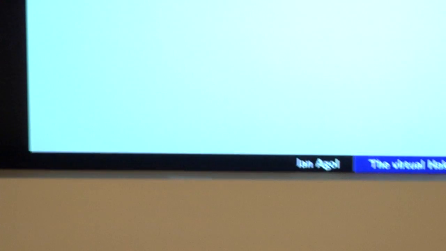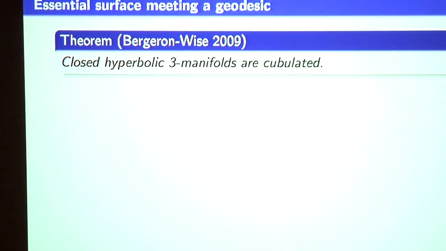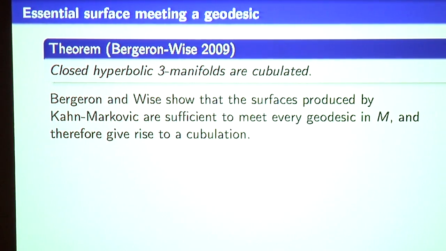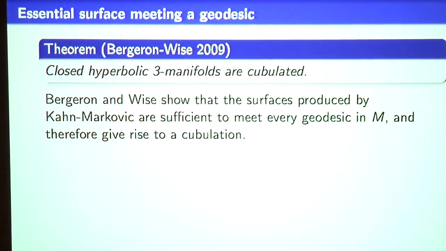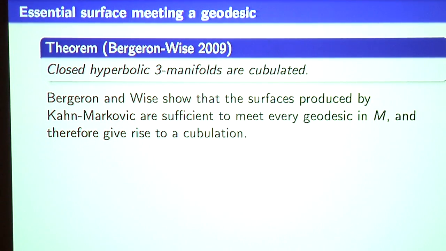So there's a theorem then of Bergeron and Wise in 2009 that closed hyperbolic three-manifolds are cubulated. So there's a corresponding cube complex. Again, it might be much higher dimensional, but it's homotopy equivalent to the three-manifold. And the theorem makes use of these surfaces of Kahn-Markovic that I mentioned, which are sufficient to meet every geodesic in M and then give rise to cubulation.